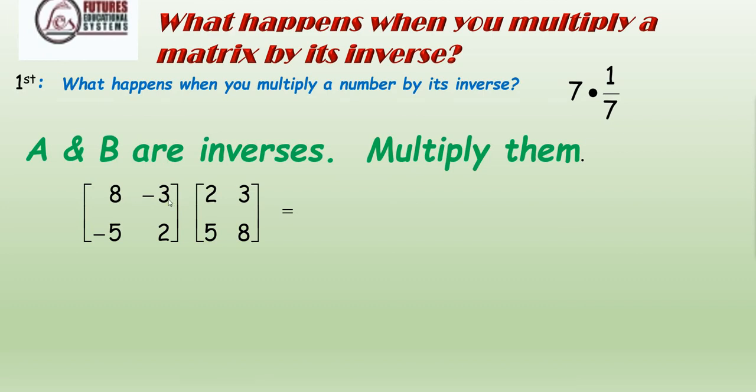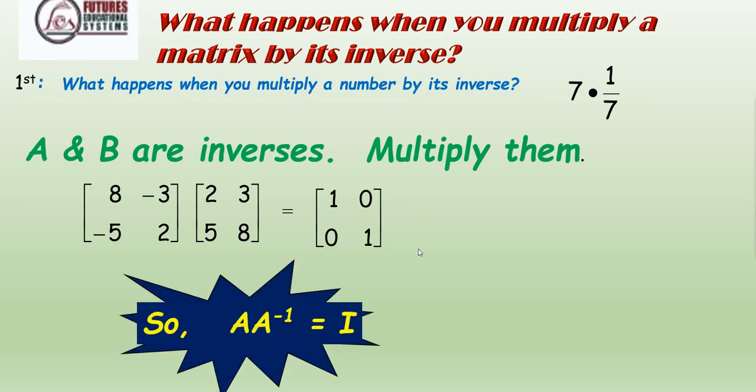This 2 by 2 matrix multiplied by the inverse matrix gives the identity matrix. Therefore, A multiplied by A inverse equals the identity matrix. How about the identity matrix? We said before, the identity matrix has main diagonal elements equal to 1 and the remaining elements equal to 0.